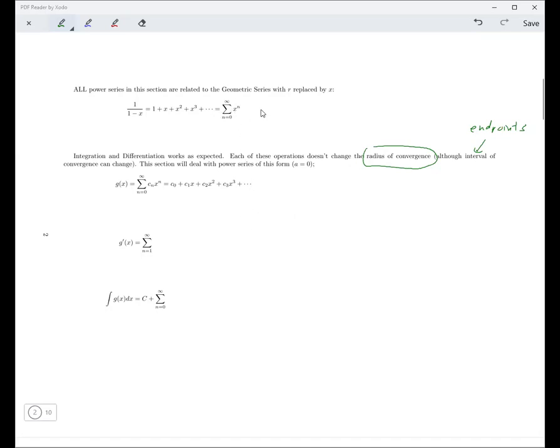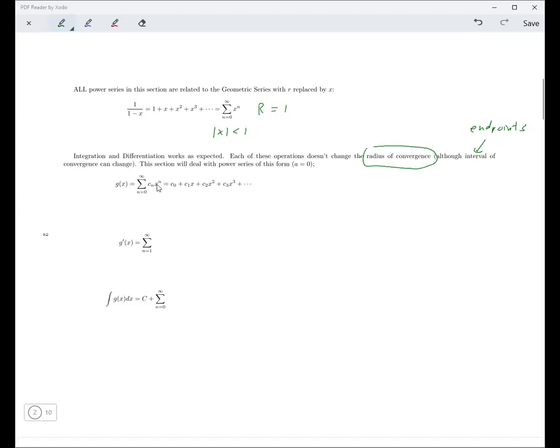And here, the radius for this one is 1, because this converges when x is less than 1 in absolute value. Okay. So let's suppose that we have a power series. This is what I mean by integration and differentiation. So here's your power series: g of x is the sum of Cn x to the n.